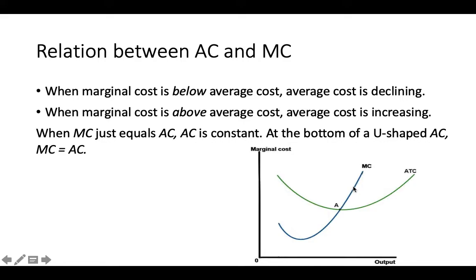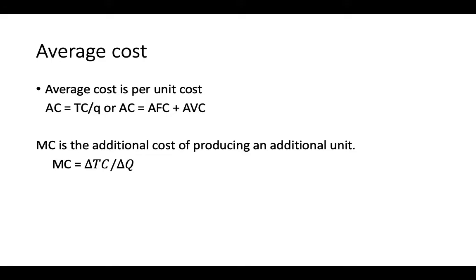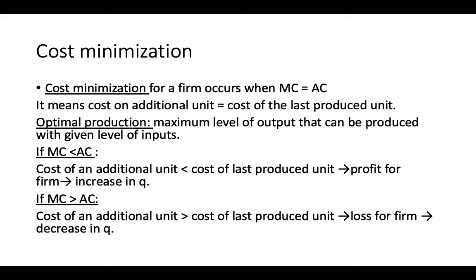It means कि आपका जो extra unit की cost है वो आपके पहले produce किए हुए unit की cost से कम आ रही है. जो example हमने discuss की थी last lecture में, जहाँ पे हमने CD manufacturer की example को consider किया था, the same example you can keep in mind that if the marginal cost is 12 and average cost is 10, it means that cost of additional unit is greater than the cost of last produced unit, which means loss for the firm. And to minimize the loss or to cut down the loss, what the producer will do, that it will reduce the output.